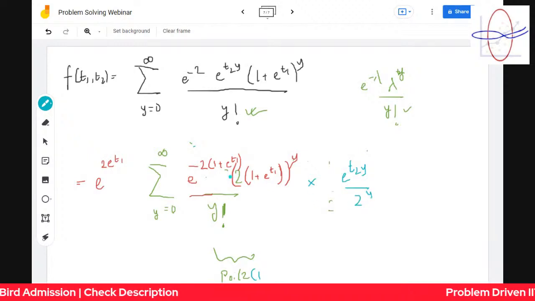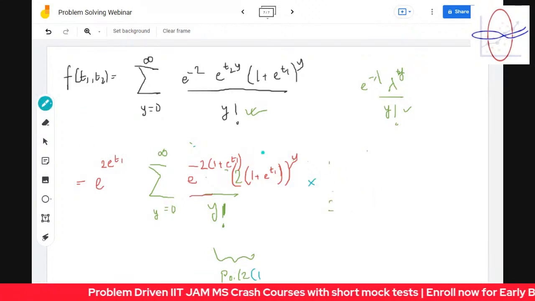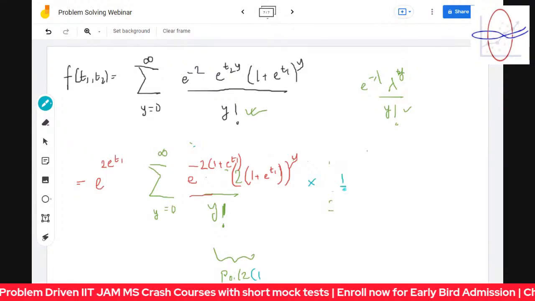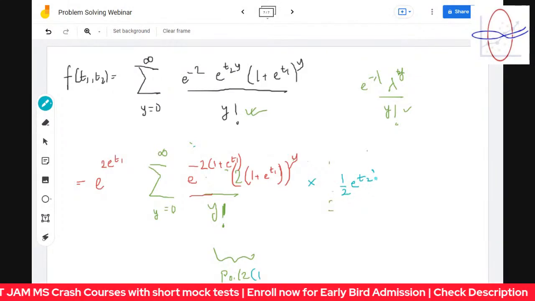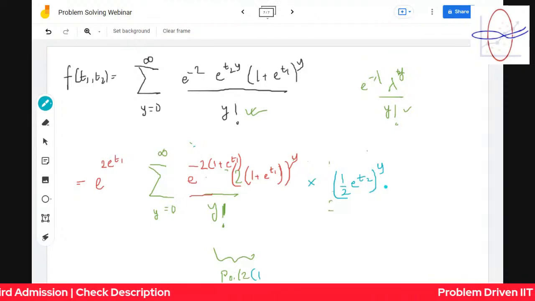Yes, okay, I missed that. So let's include it in this. So it's e to the half into e to the power t2y, whole to the power y, right? This one, right? Yes, thank you for that.